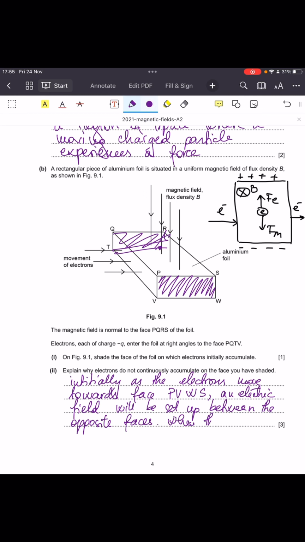When the electric force, I call it Fe, is equal to the magnetic force, the electrons will stop accumulating.